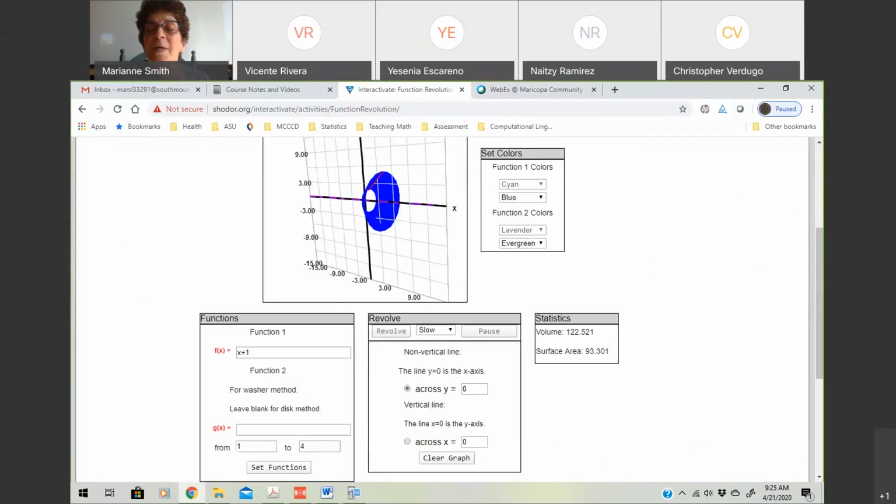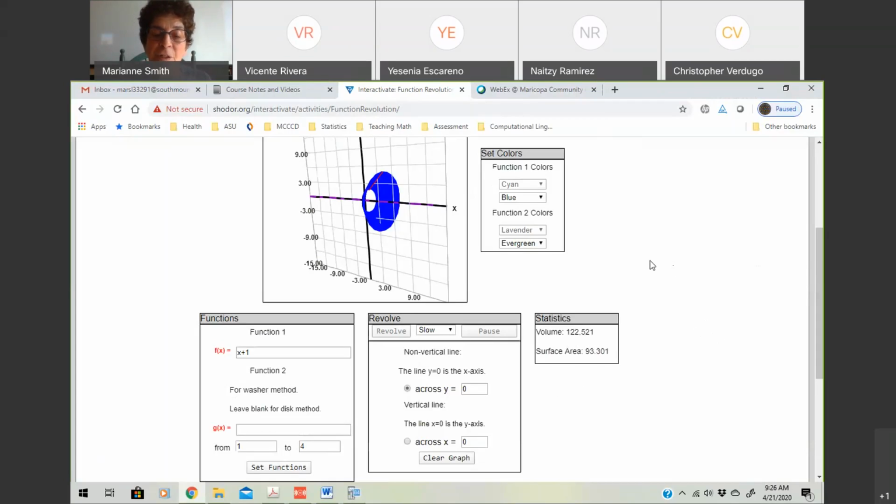If you wanted to check to see that this is equivalent to 39 pi, you'd need to take your calculator and type in 39 pi, and see if that's approximately 122.521. And it is, there's a rounding error, but you can check it that way. You can say, hey, 39 pi is about this number, so I guess I'm doing it correctly. So you're welcome to use the app to check.